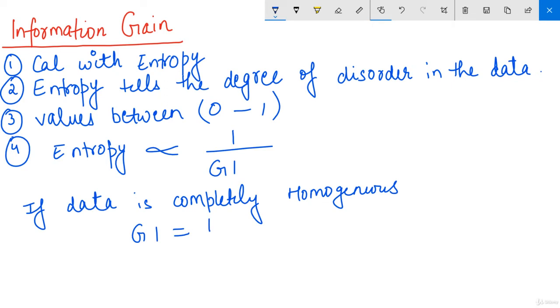So your entropy will be 0, completely opposite.